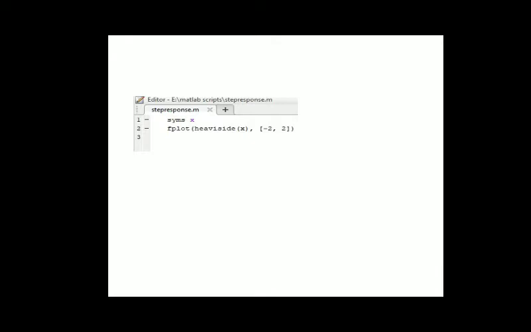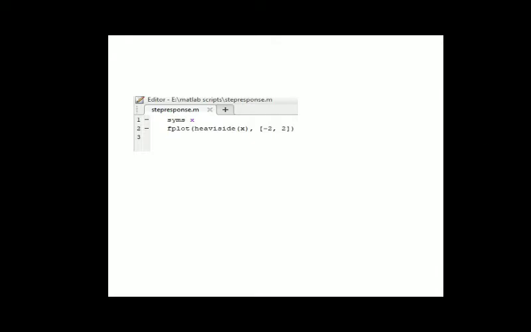Okay, so here is the screenshot of the code I have written, stepresponse.m, and MATLAB files are generally saved with .m extensions.